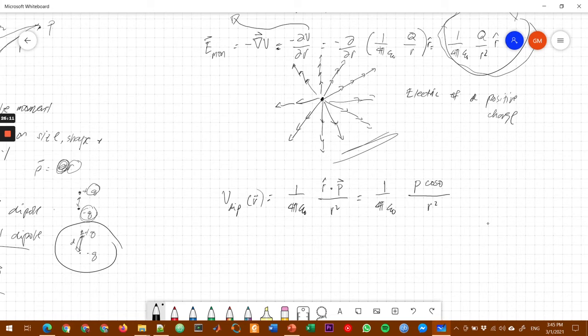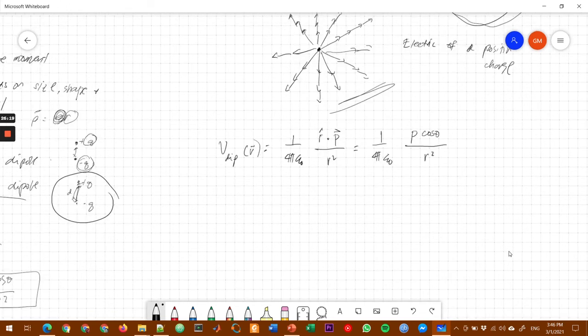And then to get the electric field, you have to take its gradient, right? But if you look at the potential of a dipole, it only depends on r and theta. So it has no dependence on phi. It is symmetric along the phi angle. Okay, so just r and theta.